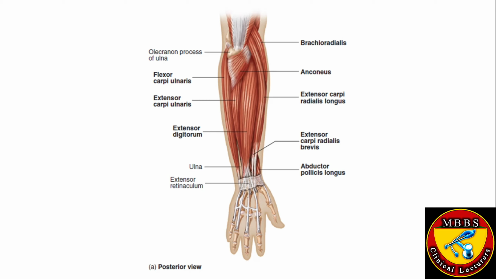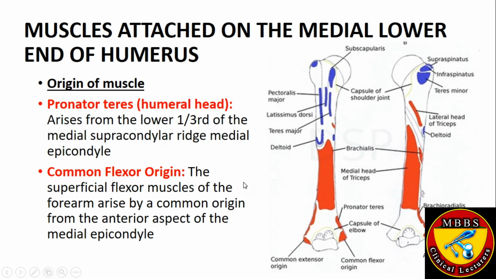You can see muscles of the forearm: the extensor digitorum, extensor carpi radialis brevis, extensor carpi radialis longus, right? This is extensor carpi ulnaris. This is the extensor retinaculum.